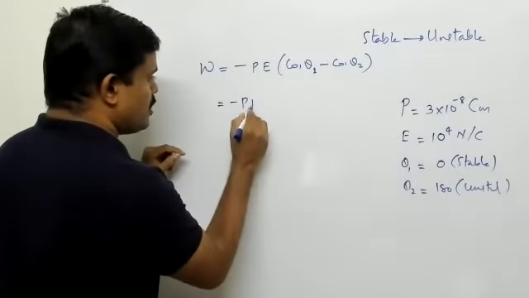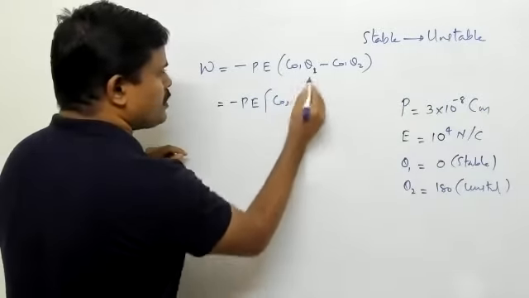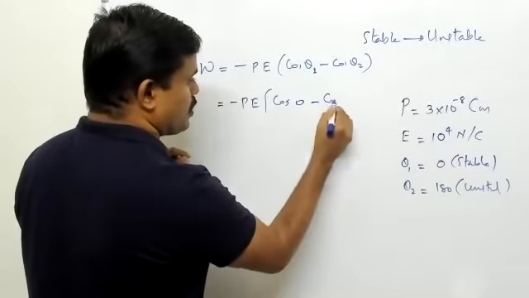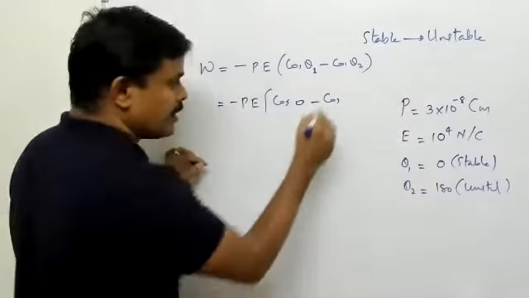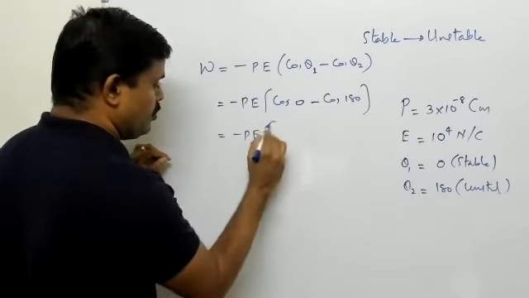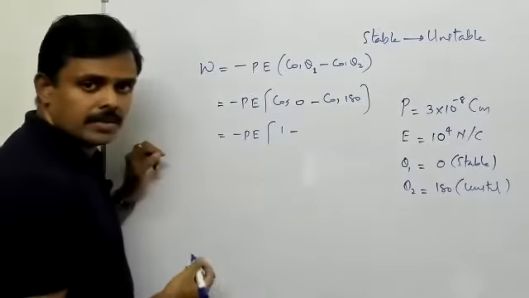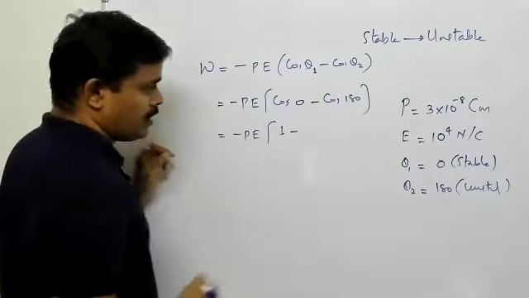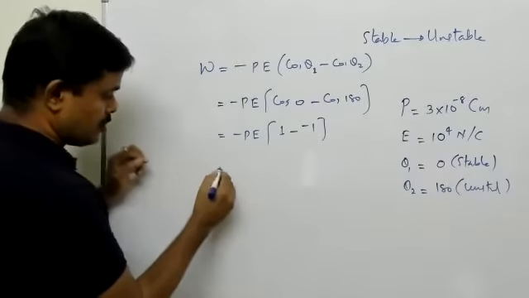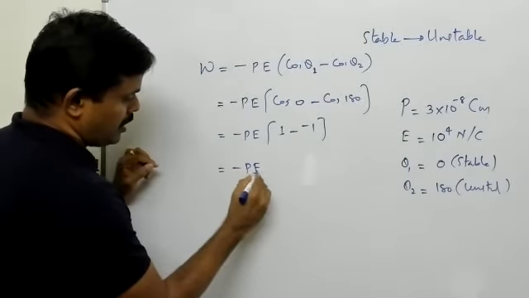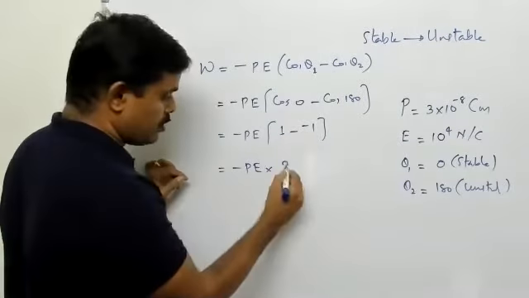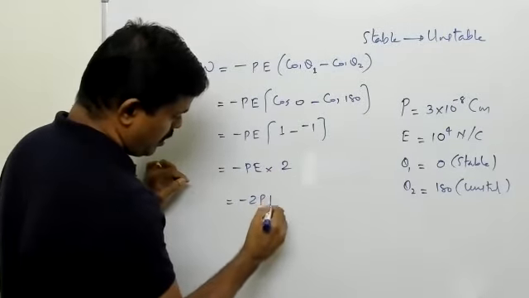That is minus P into cos of theta 1, which is cos 0, minus cos of theta 2, which is cos 180. Cos 0 is 1, cos 180 is minus 1. So minus P into 1 minus minus 1, which is 1 plus 1, 2. So minus 2PE.